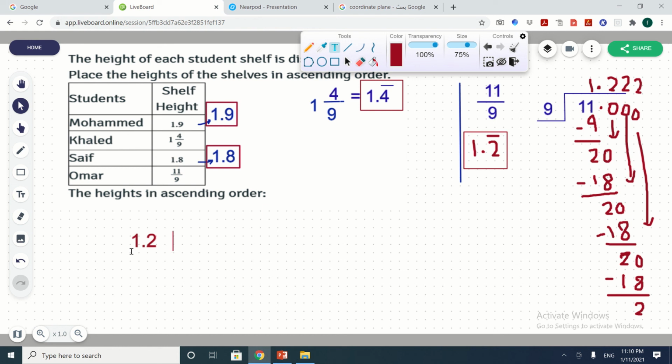After 1.2, 1.4. After 1.4, we have 1.8. After 1.8, we have 1.9. And don't forget the bar notation for these two numbers. Okay. This is the answer in ascending order from smallest to greatest.